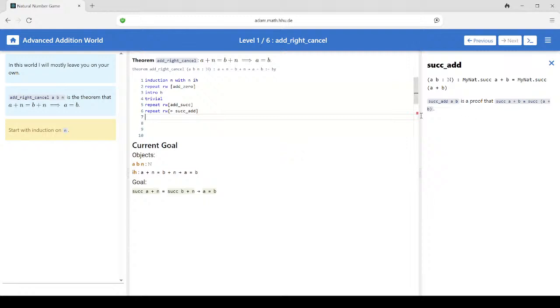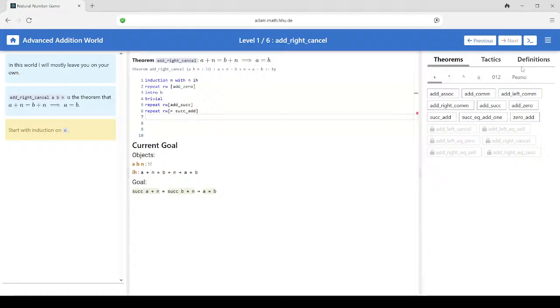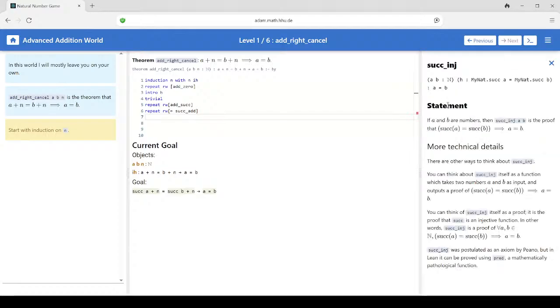I'm not sure if that helps us at all. Would this do anything now?